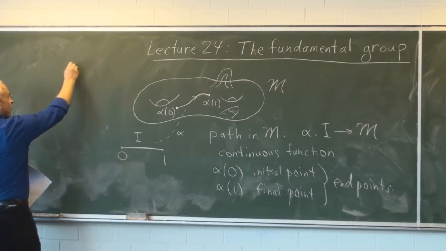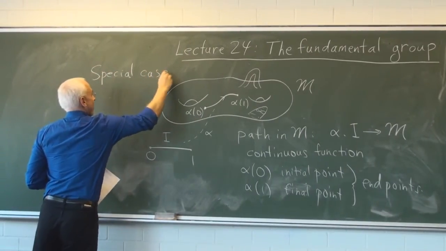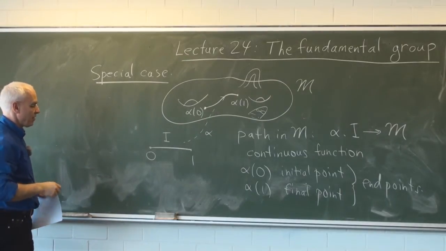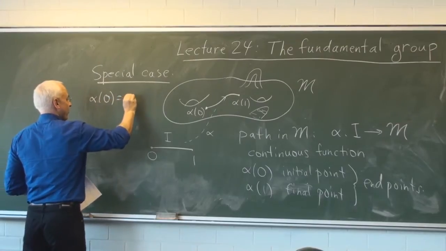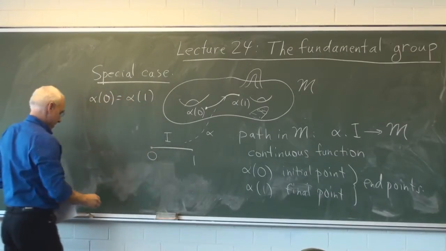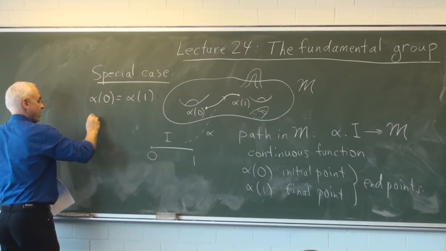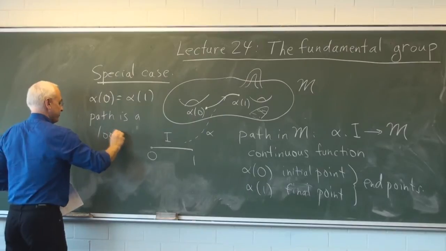A special case is when the initial point and the final point agree. So if alpha of 0 equals alpha of 1, that means the path closes on itself. Then we call the path a loop.